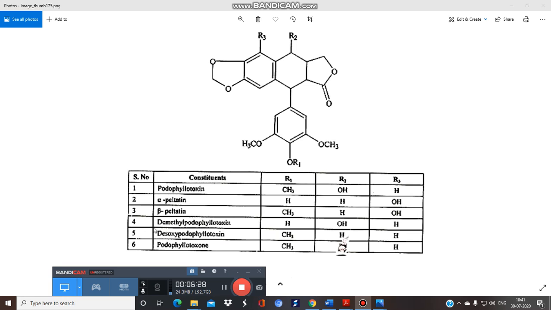In this way you have to do the chemical structures of at least 4 compounds: podophyllotoxin, alpha and beta peltatin, and also deoxypodophyllotoxin. This is very easy. The slight difference between podophyllotoxin and deoxypodophyllotoxin is this group. In deoxy, R2 is H. In case of podophyllotoxin R2 is OH. The rest is the same.